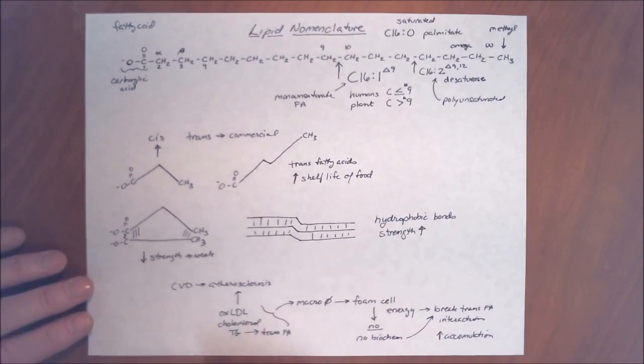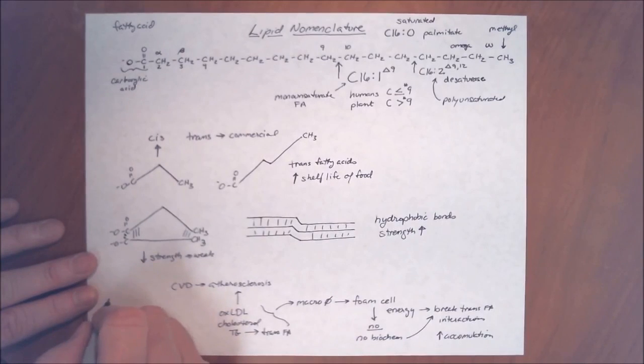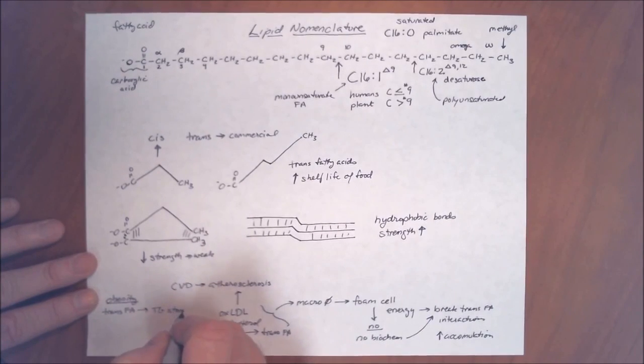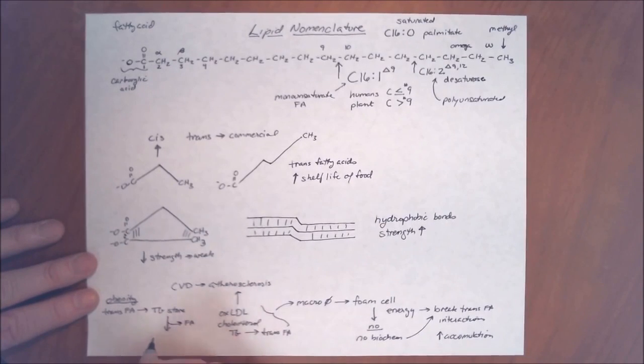Now, the other part of this we can consider, and this is a new theory in obesity, is that if you have lots of trans fatty acids that are stored as triglyceride in fat tissue, in order to access these fatty acids and release them, recall we have to have lipase activity.